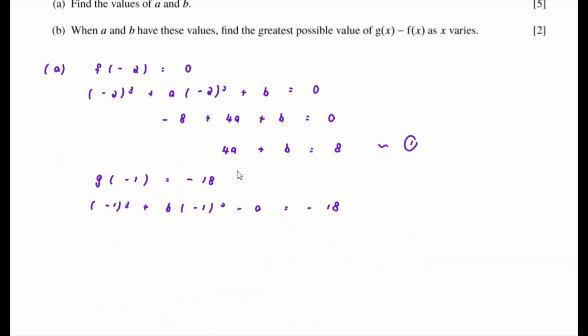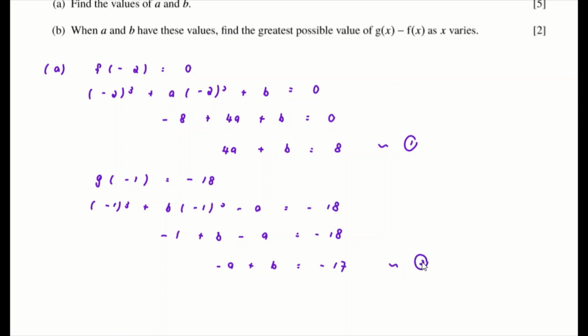Okay, so let's move on. Negative 1 plus b minus a gives us negative 18. Let's arrange it a bit as well: negative a plus b equals negative 17.